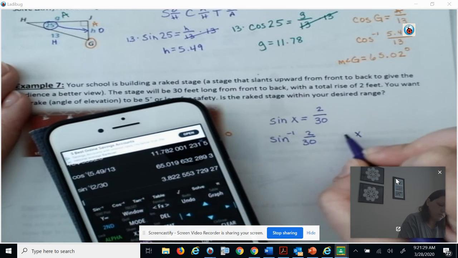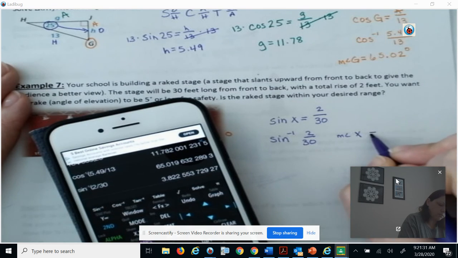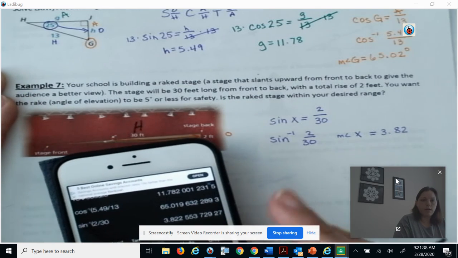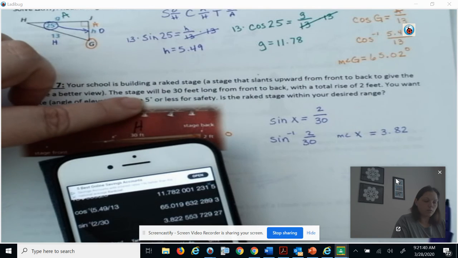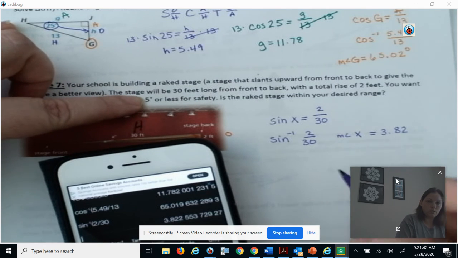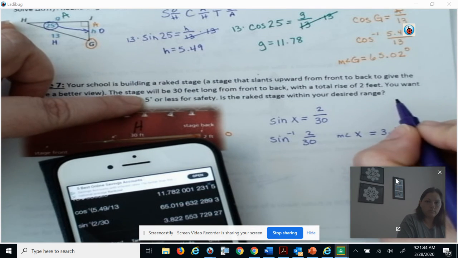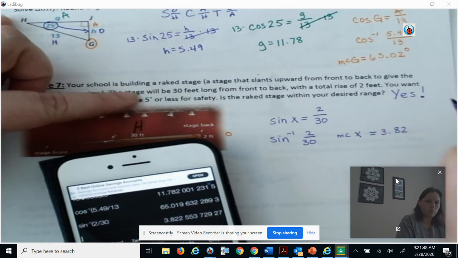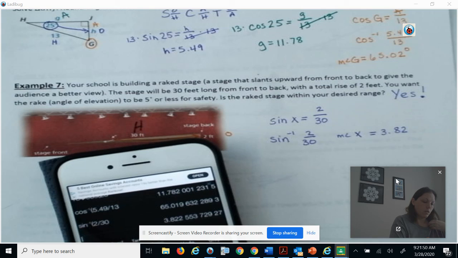Our angle, the measure of angle X, equals 3.82. So is it 5 degrees or less? That meets our safety mark. Yes, it is. We did good, right?